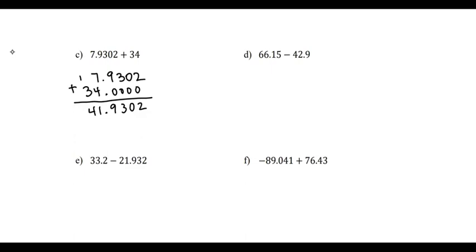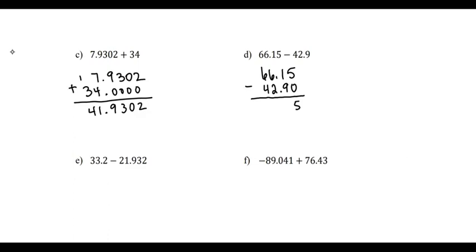Moving on to part D, now we're going to subtract. Same thing, same rule. We're going to line the numbers up. So you have 66.15 minus 42.9. Let's write in a 0 here. All right, so 5 minus 0 is a 5.